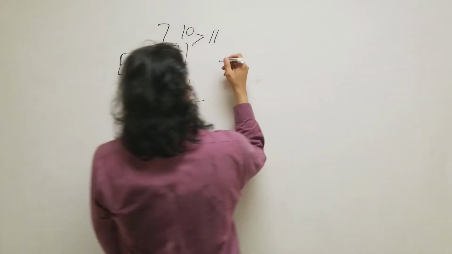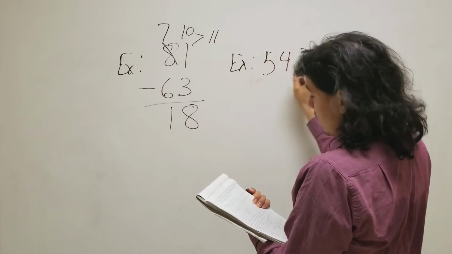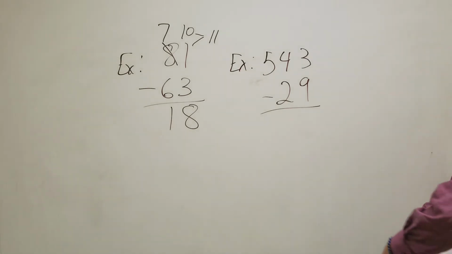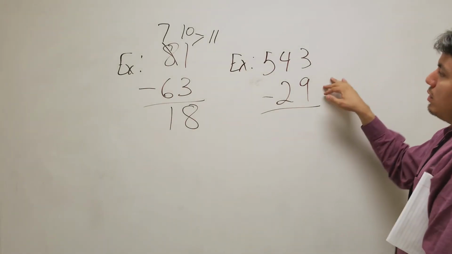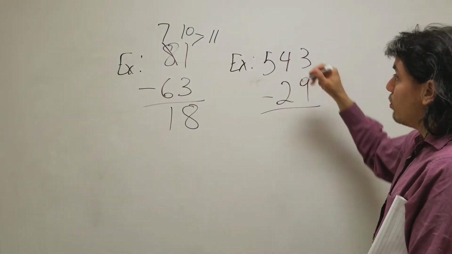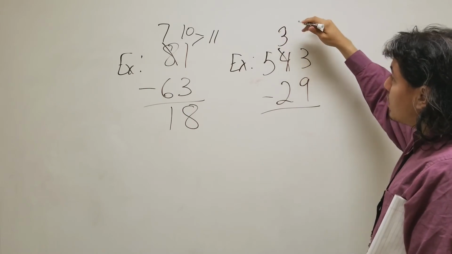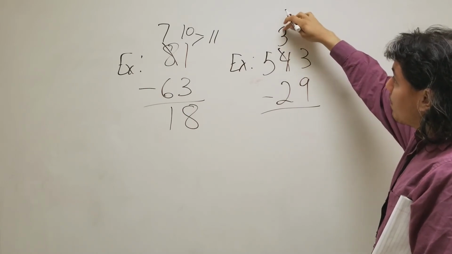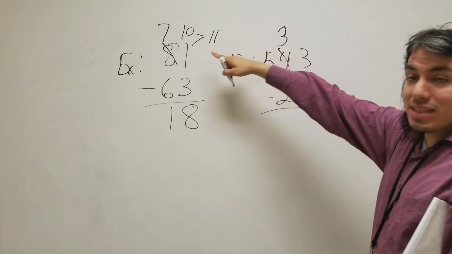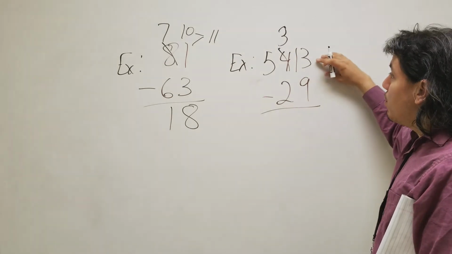Let's have another one. Let's say I gave you 543 minus 29. Same idea. The 3 is smaller than the 9, so I have to borrow 1 from the 4, which makes it 3. How I normally do this is I put that 10 as a 1 in front of the 3, making this 13.